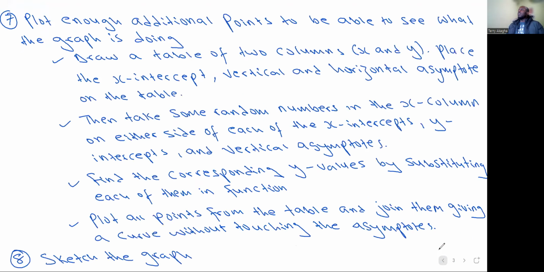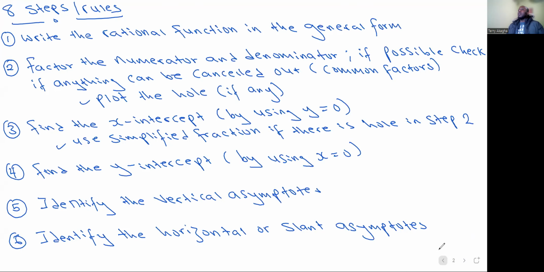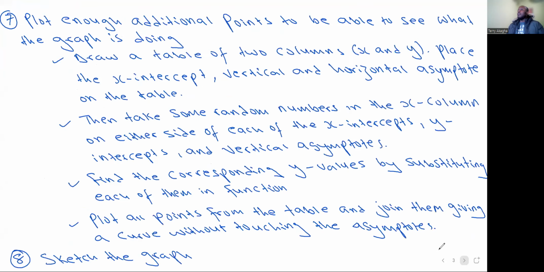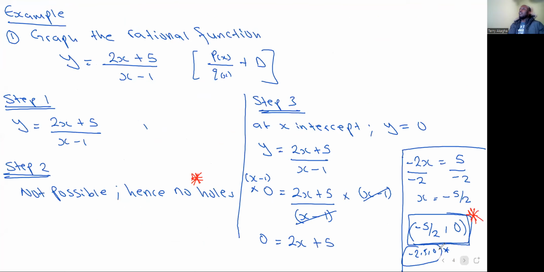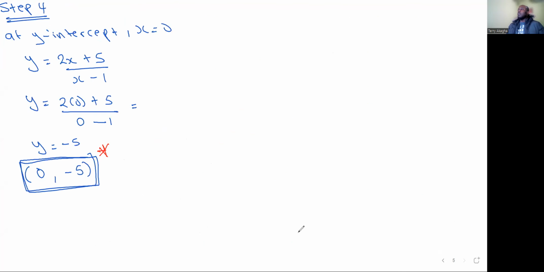So we're going to go to step 5. In step 5, we need to find the vertical asymptote. So remember, to find the vertical asymptote, the denominator is equal to 0.